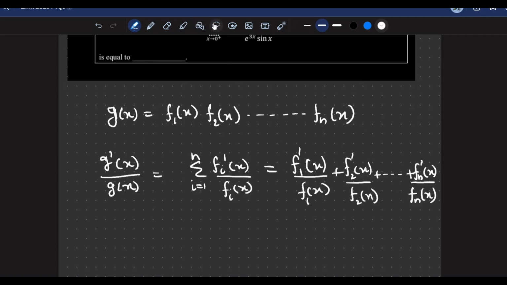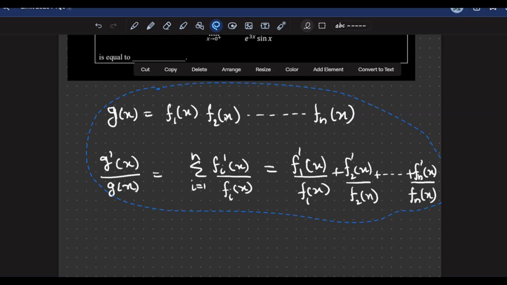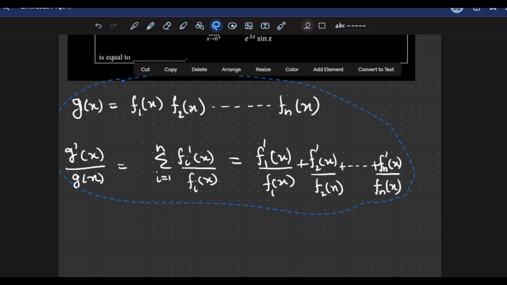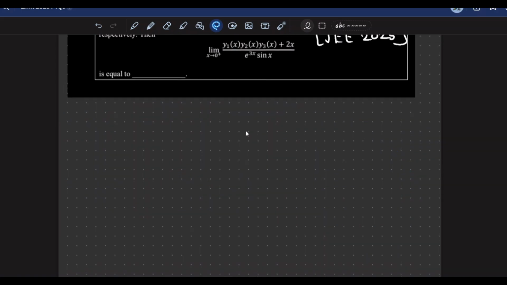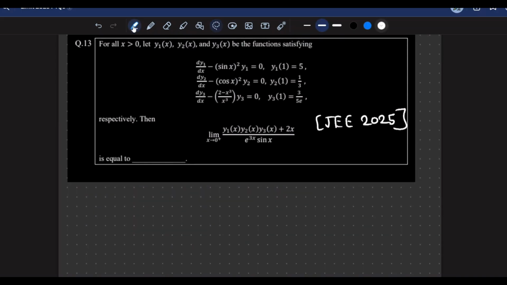Let me minimize this thing and then we'll proceed on to the problem because we need space here, right? What to do with this one? Let's delete this one. If you want to make notes of it, go back and make it. Okay, fine. Now what we are going to do is, as in the expression we saw, g dash x by g(x) is equal to f1 dash x by f1(x) plus f2 dash x by f2(x).